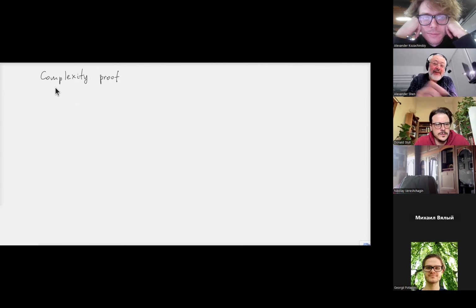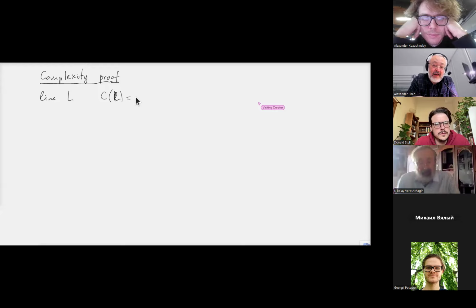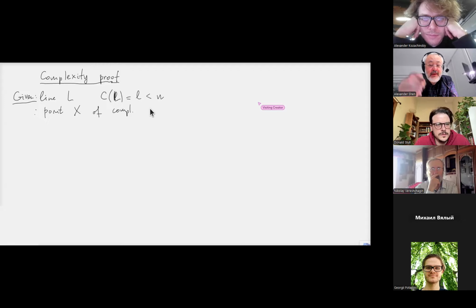So it's important to start with a line L of complexity L, which is smaller than n, given. What we need is to find a point x of complexity L plus n.